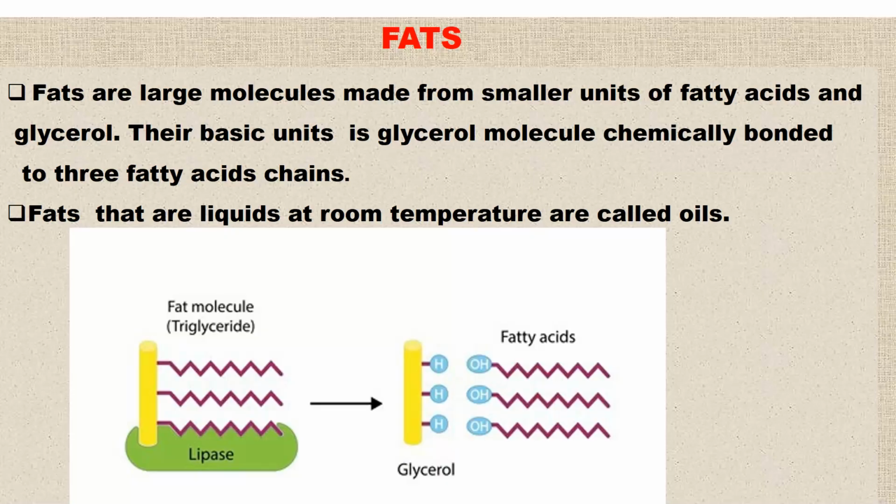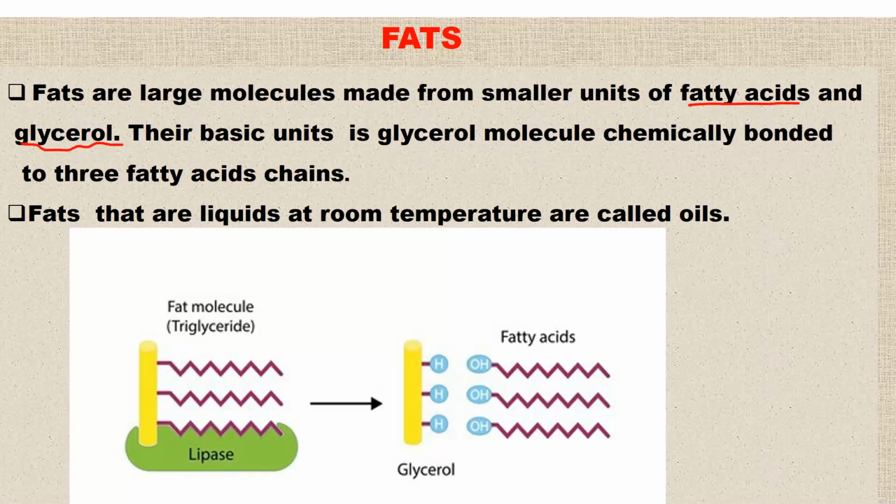What about fats? These are large molecules made from smaller units. Very important that you understand what makes up these, the basic unit, in other words, the simplest unit. So for fats, we are saying they are large molecules and the smaller units of these are fatty acids and glycerol.